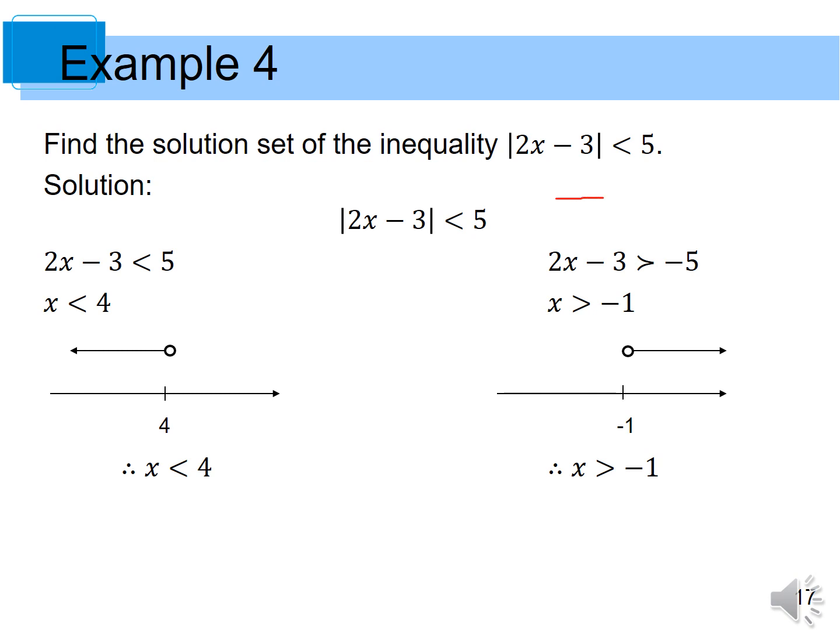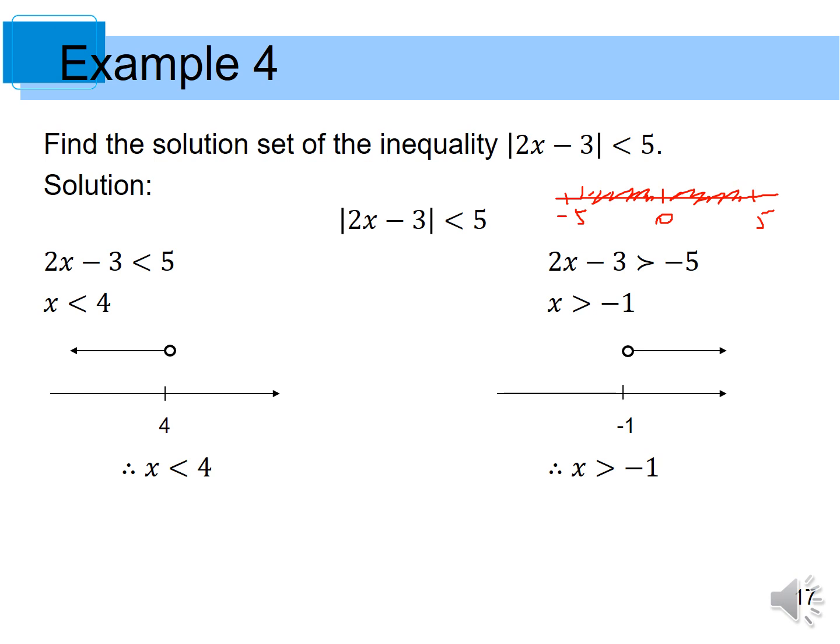From the number line, you know less than 5 means that here is the region, because it is less than 5 units from the origin. Either this side or this side, less than 5 units from the origin. So here is the required interval.